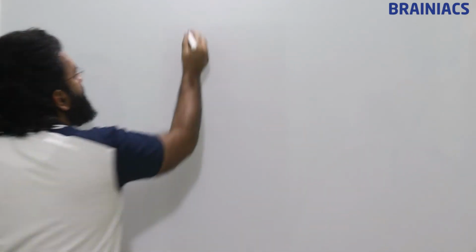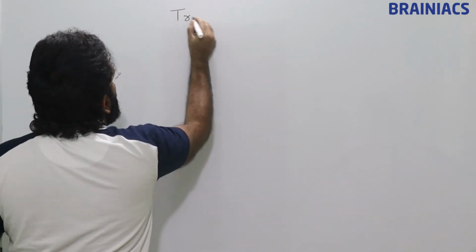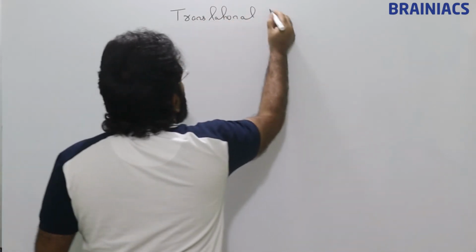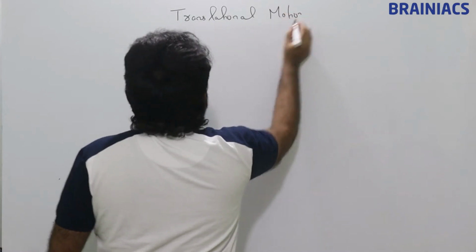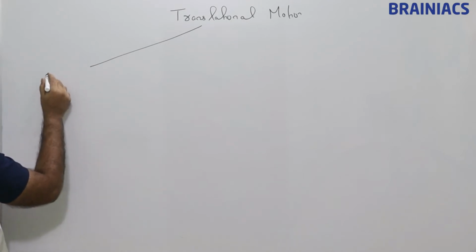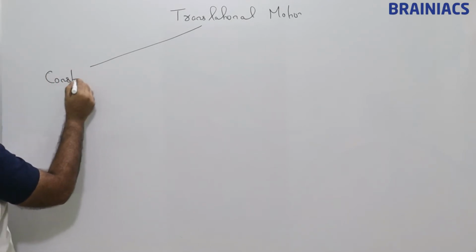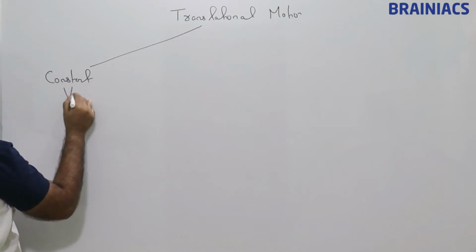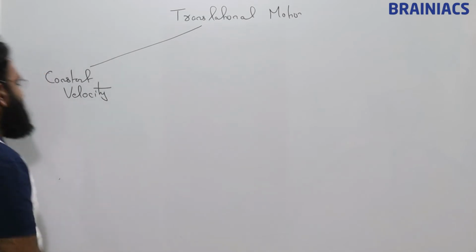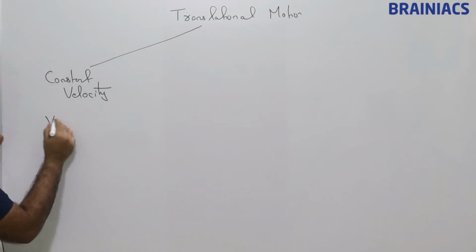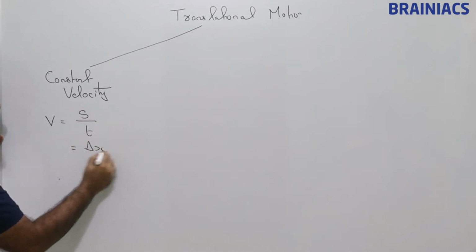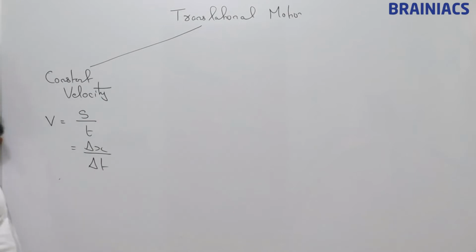So translational motion we will divide into different types. First thing is motion with the constant velocity. Here the formula which we have used is displacement by time, or delta x by delta t.